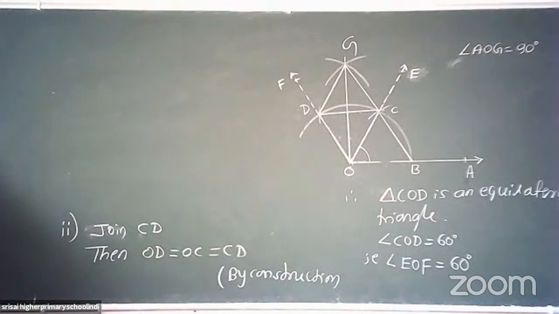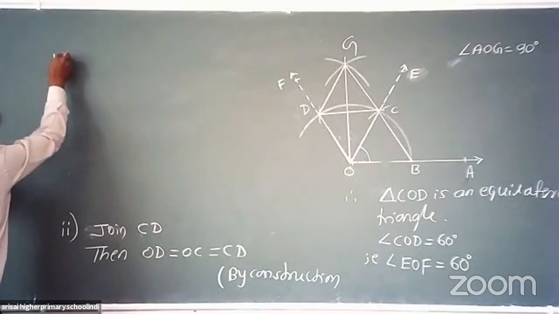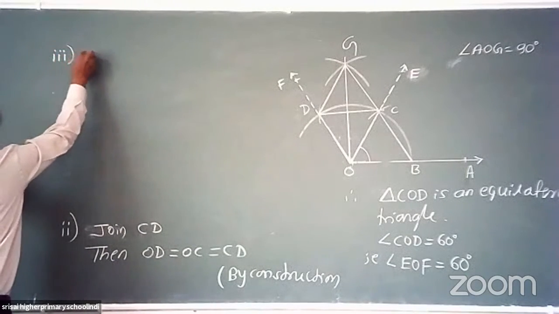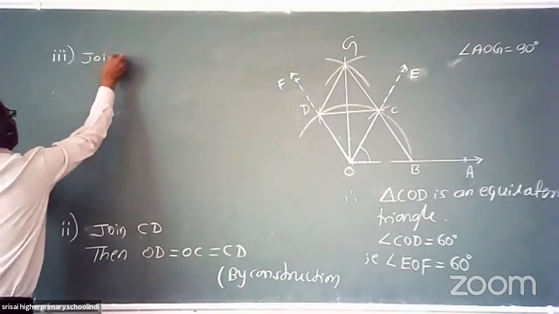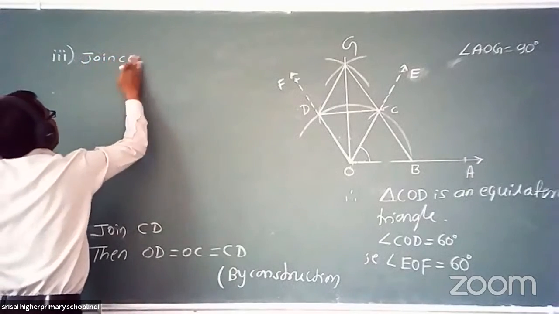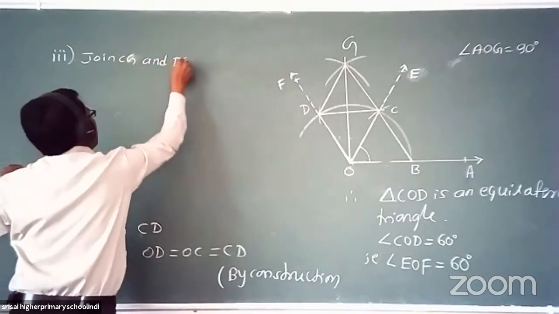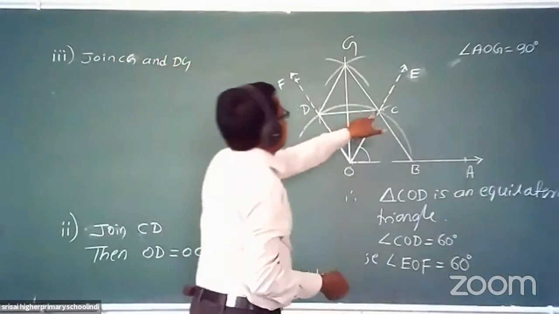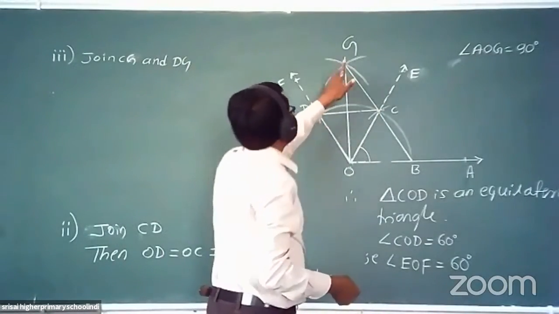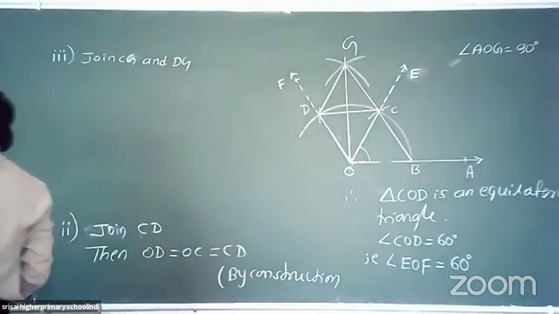Third point is join CG and DG. Where is CG? DG you should join.